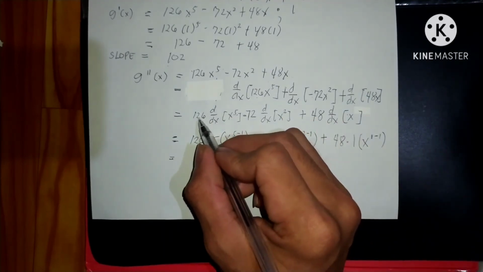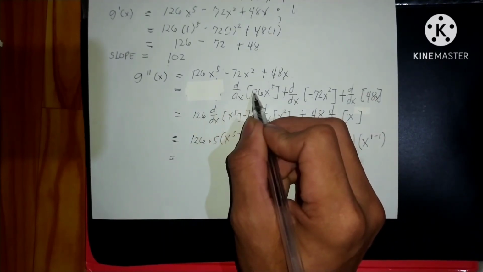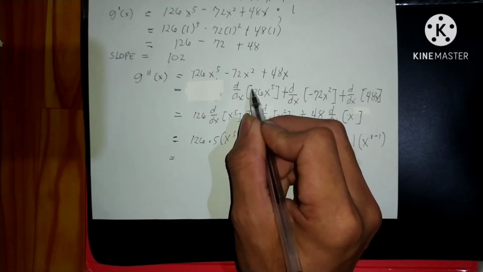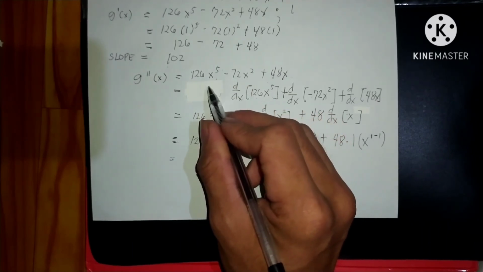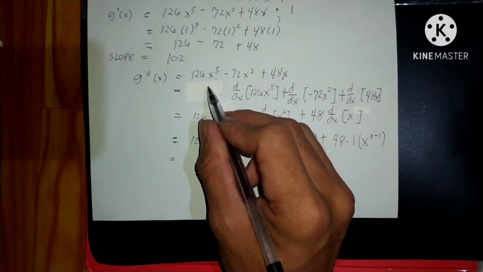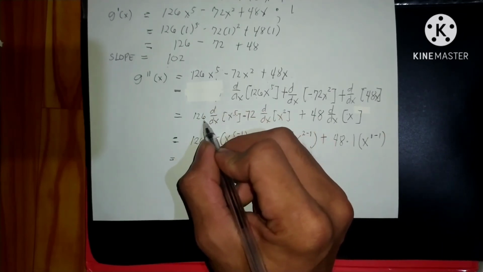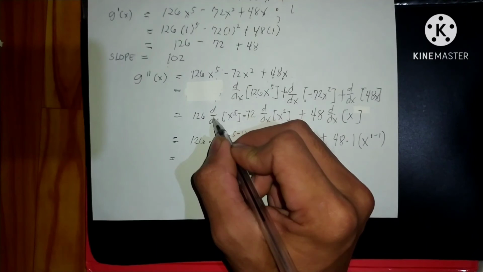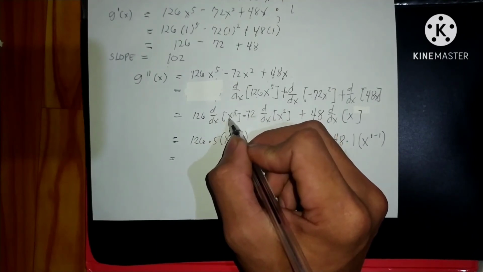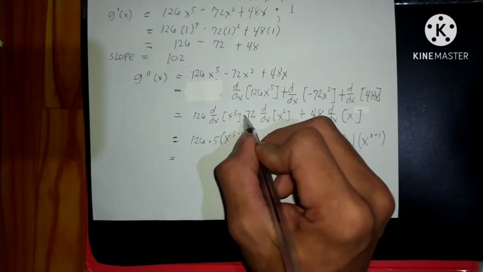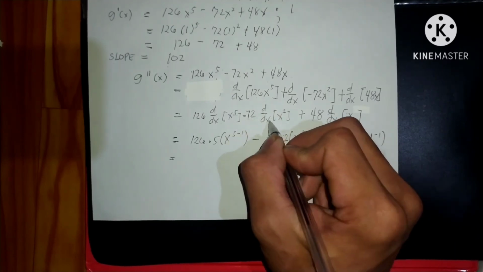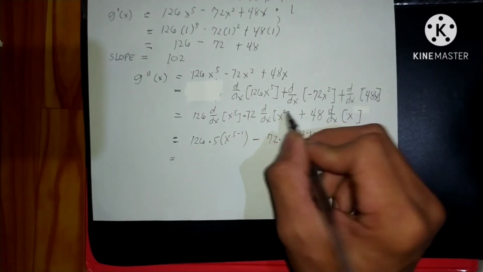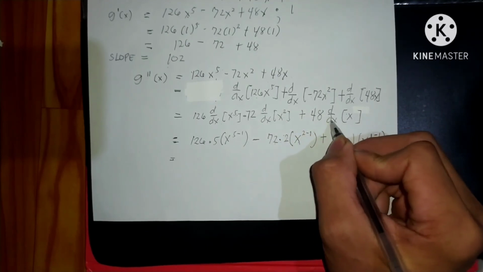Ganito ang mangyayari. So, 126 dito, just simply transfer into the left side. So, 126 d over dx, then x raised to the power of 5 minus 72 d over dx of x squared plus 48 d over dx of x.